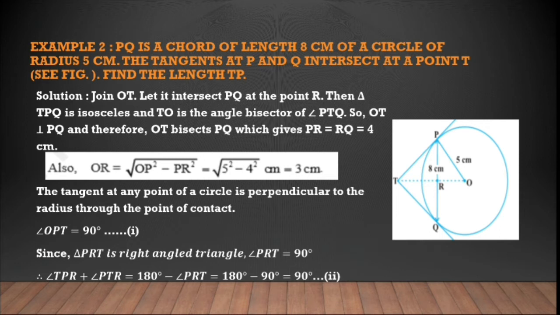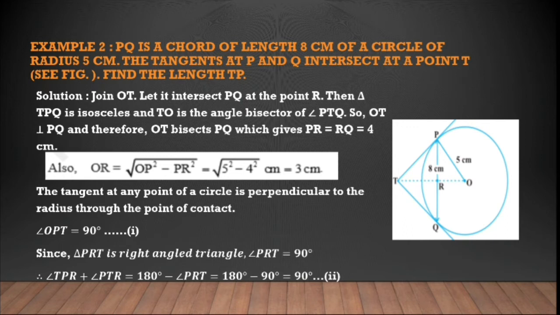Now the question is: the tangents at P and Q intersect at the point T. Find the length of TP. You have to find this length TP. So how can you solve this one? First of all, you have to join O and T.